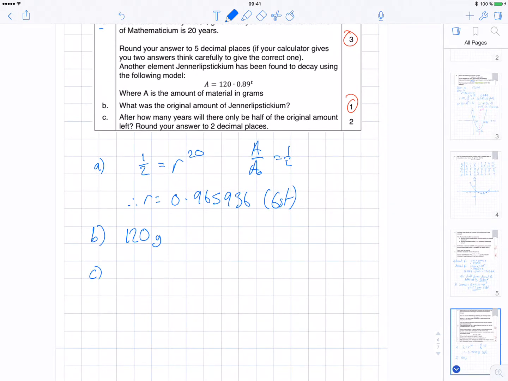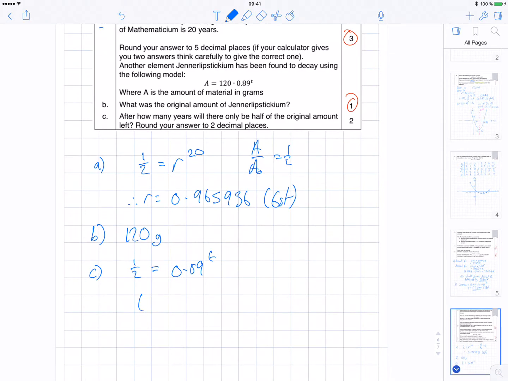So all I have to do is get half is equal to 0.89 to the power of t, solve for t, and I get 5.95 years to 2 dp. And that's it. That's the end of the test. Hope you found it okay.